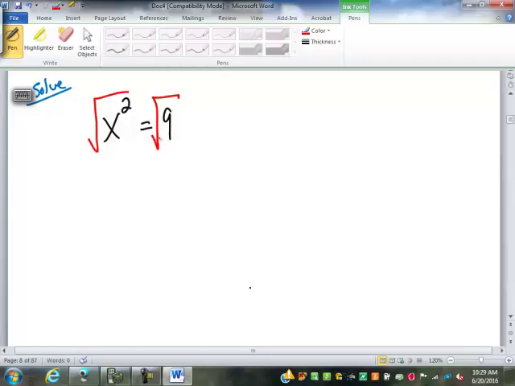Just like if it's added, you subtract it. If it's multiplied, you divide it. If it's squared, you square root it. So this is going to be just x here, and the square root of 9. Unfortunately, when you have something like this, remember when you square root something, there are two answers. So x could either be 3 or it could be negative 3. This is one of the few times where you really should list both answers.